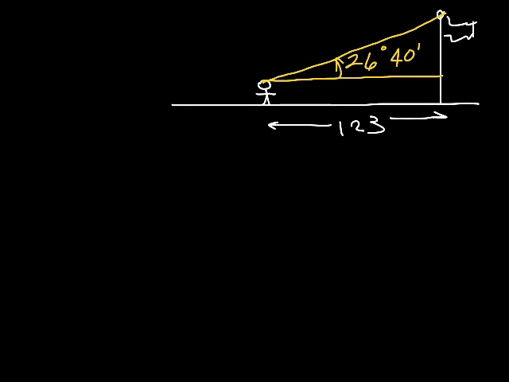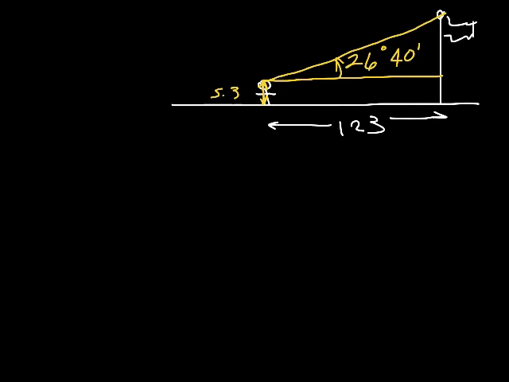That's this angle of elevation right there. If her eyes are 5.3 feet above the ground, so 5.3 is how high she is above the ground, find the height of the flagpole.